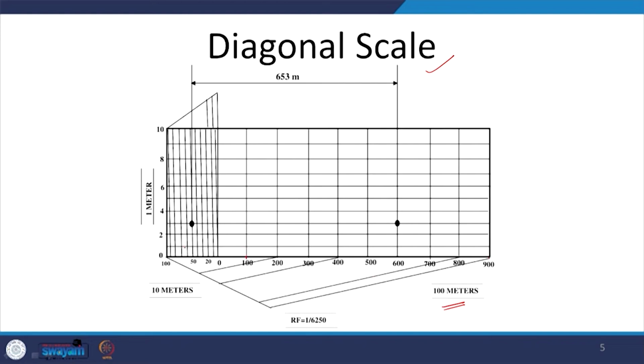In the last one, we further divide it into 10 parts as we have done for the plane scale, but in addition to that, we also raise a scale vertically. We divide it into 10 equal parts, and then we join the first fraction here to the first fraction here.